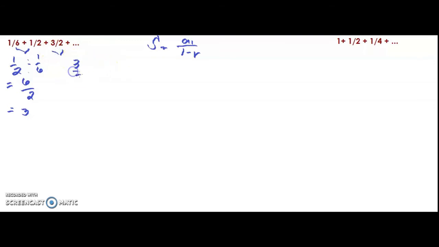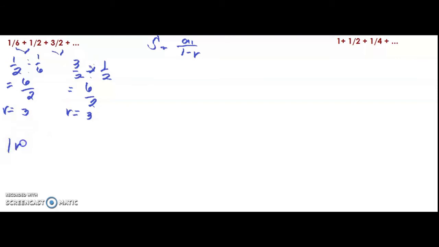We have 3 over 2 divided by 1/2, and by cross multiplication that becomes 6 over 2. Again, that is 3. Now, the common ratio of this pattern is 3.